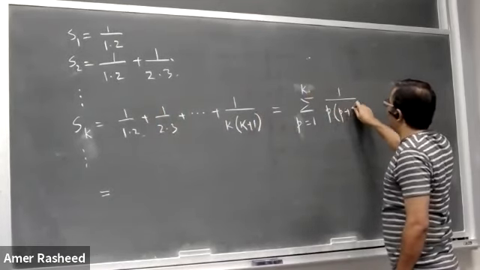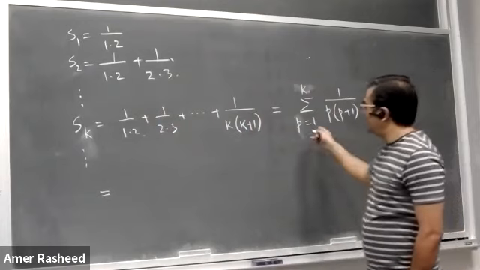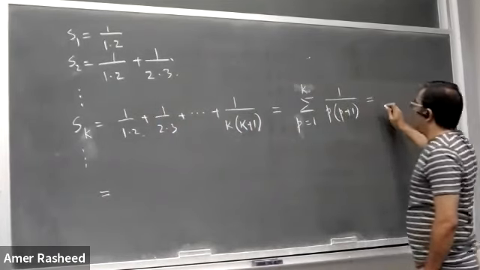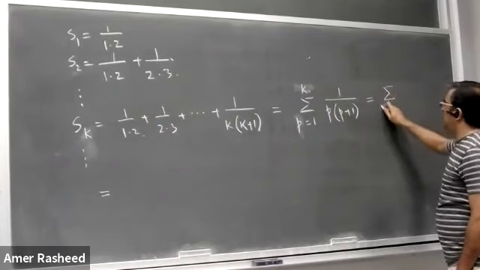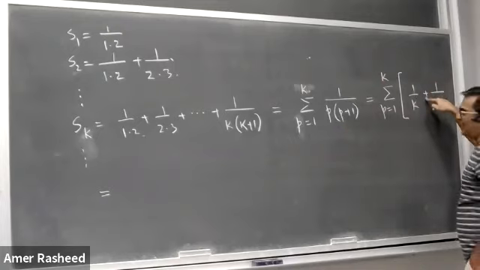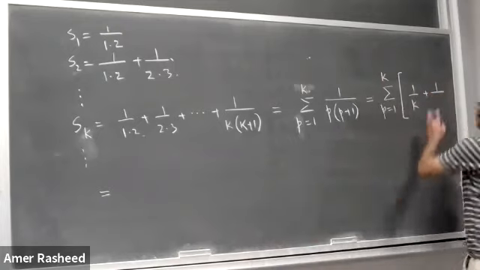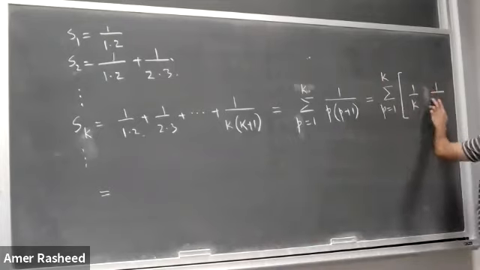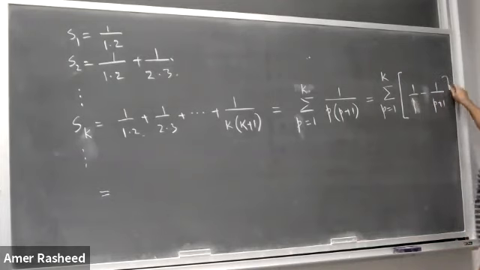So this is your nth or kth partial sum. This can be further split into the sum from p equals 1 to k of 1 over p minus 1 over p plus 1. Now, if we take the LCM of these two terms and simplify, we get the same thing as before.